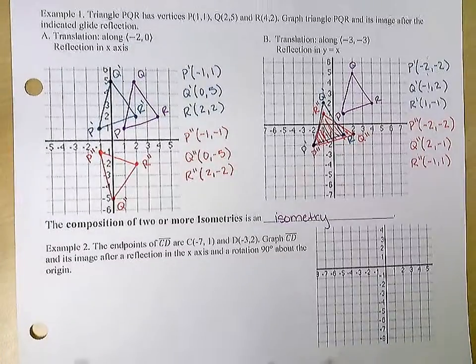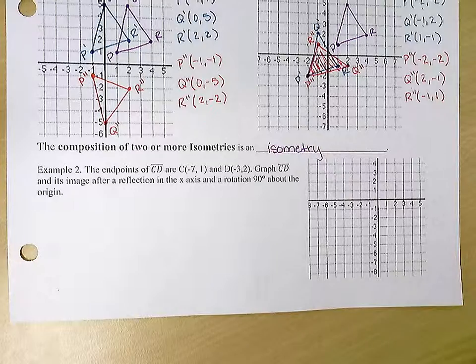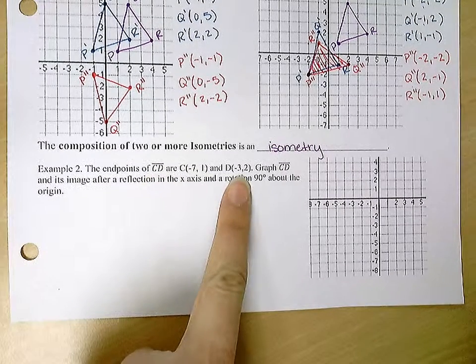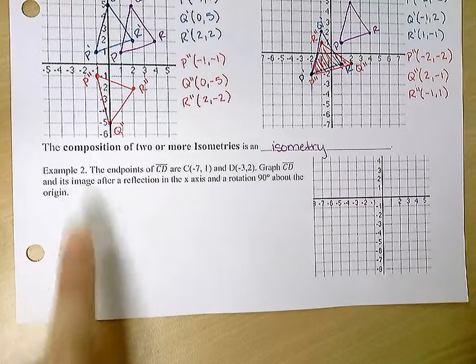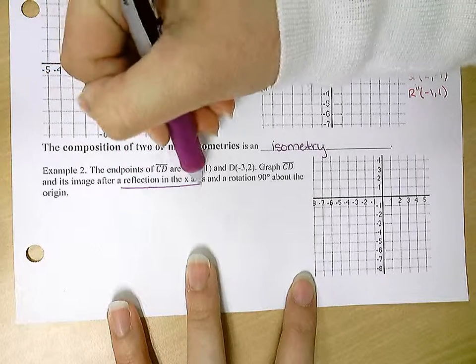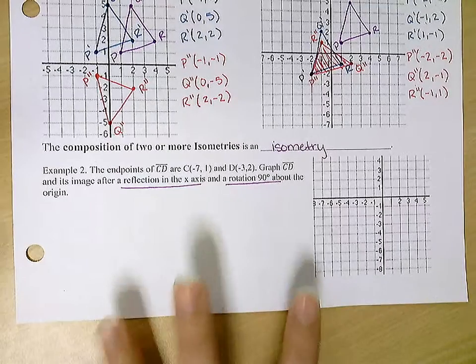So then I want to move into example 2. So this time we're taking a segment. It's not a triangle, we just have a segment. So segment CD with these given points here, we want to graph that segment and its image after a reflection in the x-axis and a rotation 90 degrees about the origin.